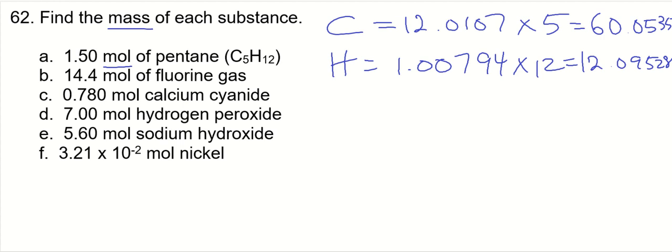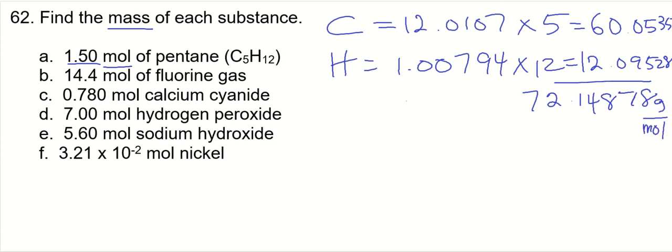All right, this is kind of extreme. You just don't need this many digits because I know I got around to 3 sig figs. All right, let's add these up. Get the molar mass. 72.14878 grams per mole.